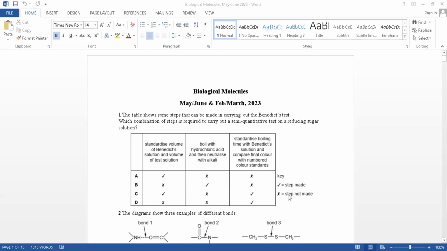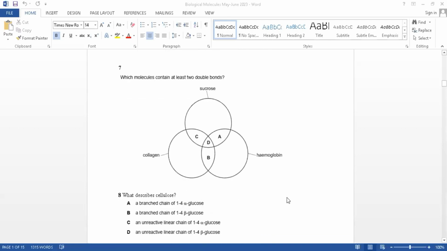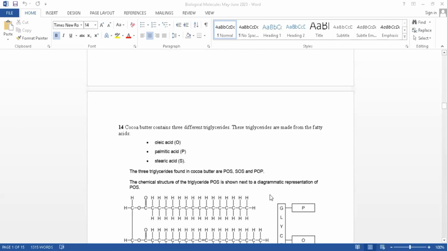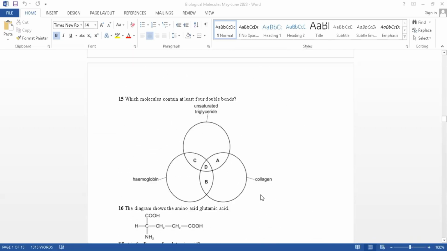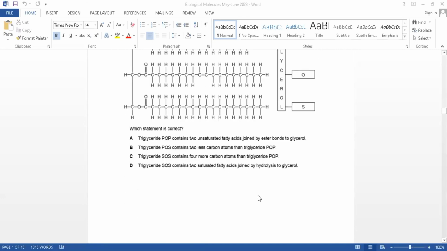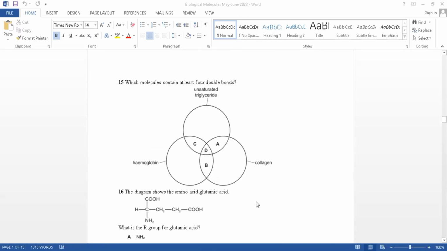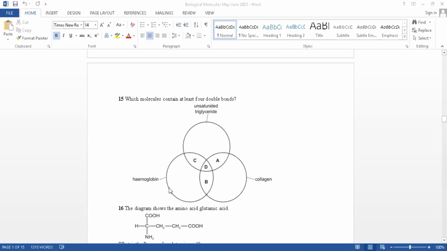We have already discussed a few questions from the same worksheet, so let's finish with all the questions from this year. We discussed till question number 14. So let's continue with the next question, question number 15.